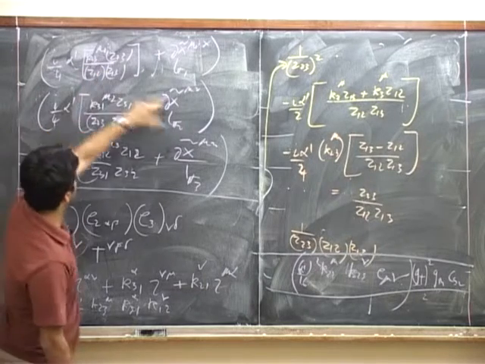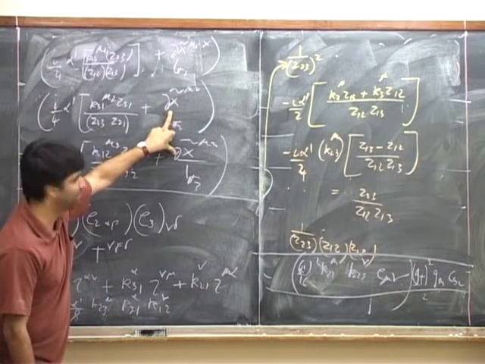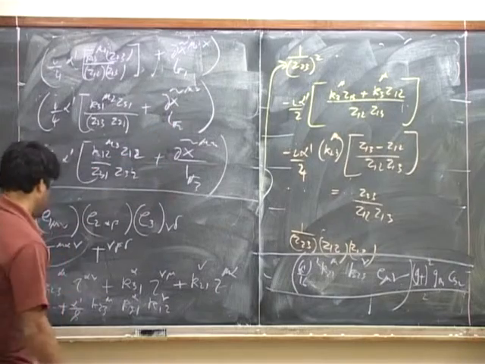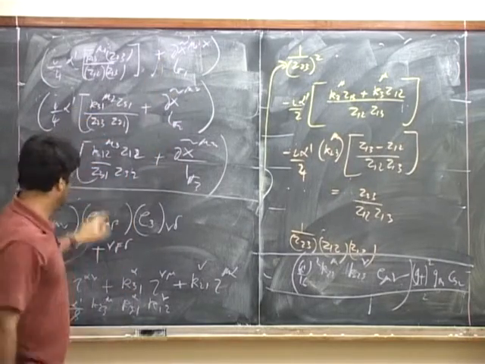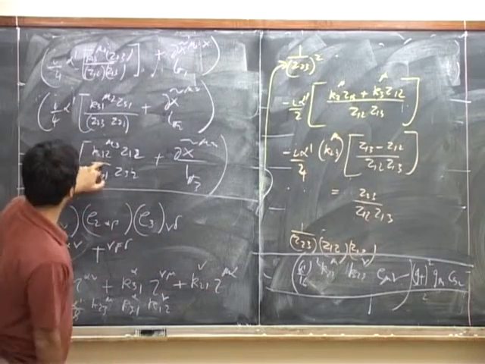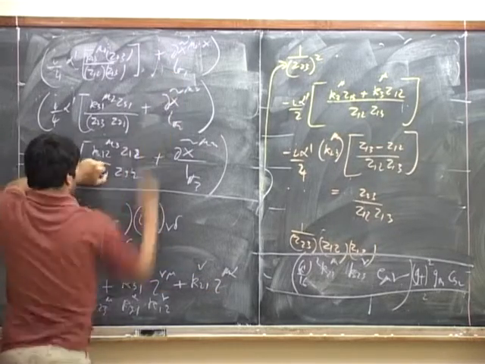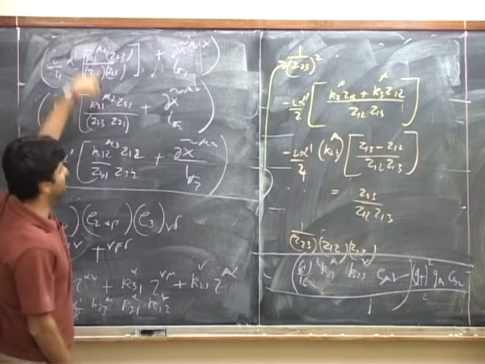This term is this guy with this contraction. This term is this guy with these two contracted. This term is this guy with these two contracted. And this term is the product of these three.